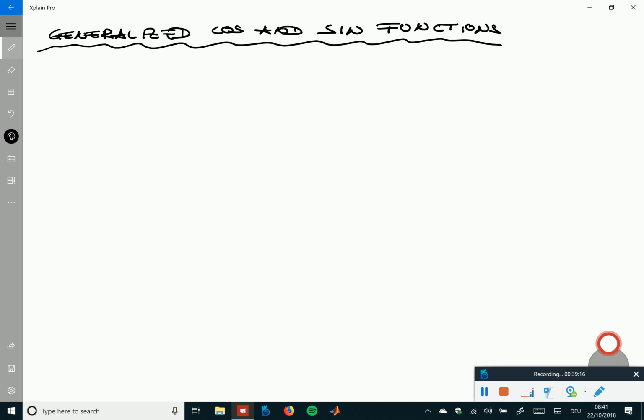Now the elementary building blocks of Fourier series are not the cosine and the sine function, but what I call the generalized cosine and sine function. And these are defined as follows.